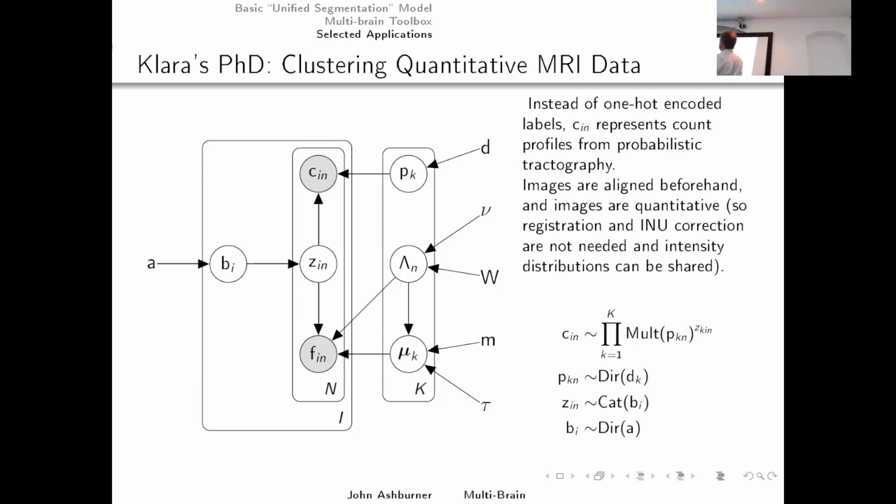So we've got the multinomial probabilistic tractography, and we've got the QMRI. So we've got the mixture of categoricals, roughly, and mixture of Gaussians, clustering things together.